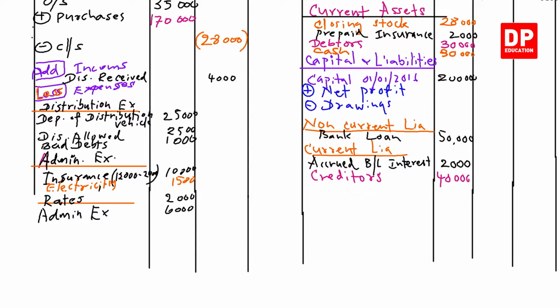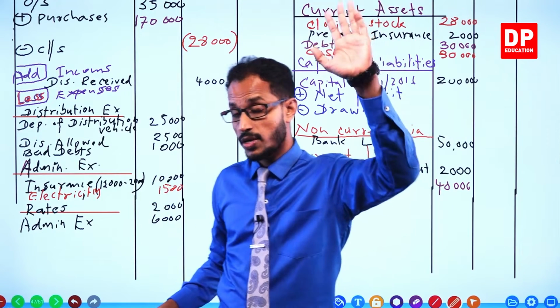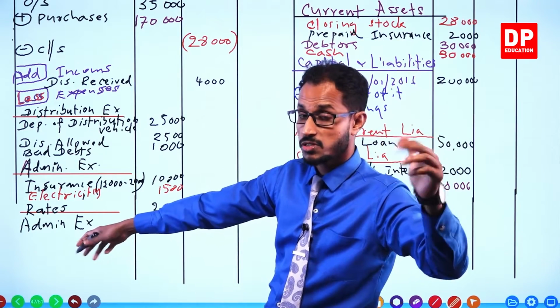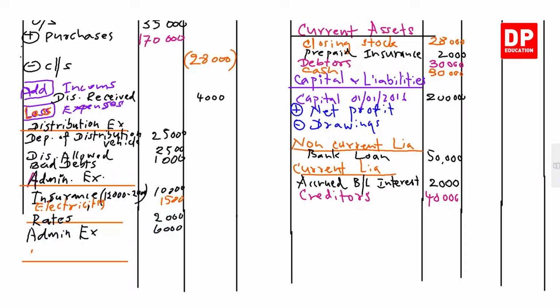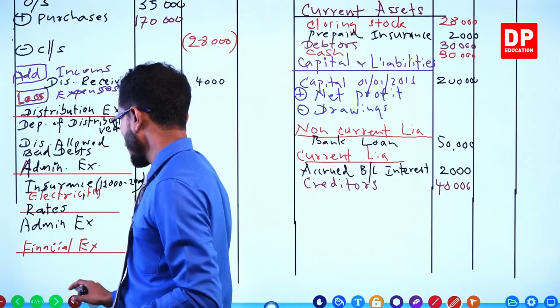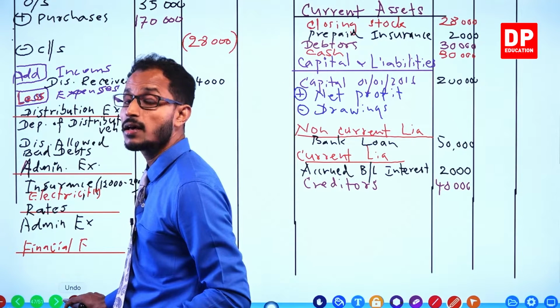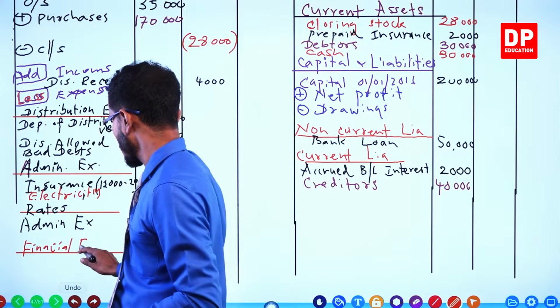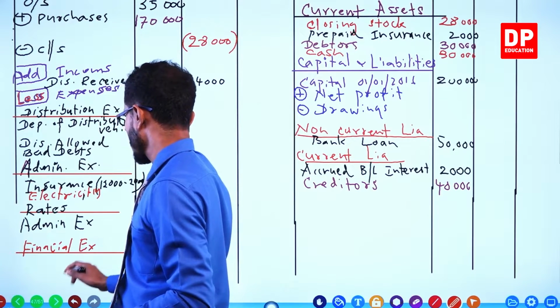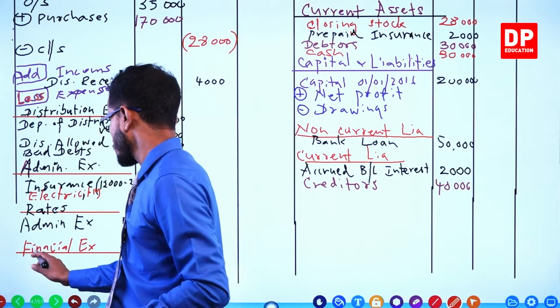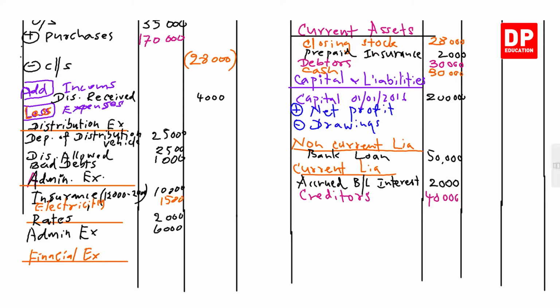We are done, but we have to enter the financial expenses because we erased it. We had only one item under financial expenses. Tell me what? Bank loan interest.